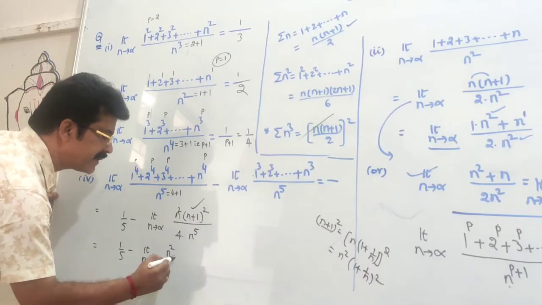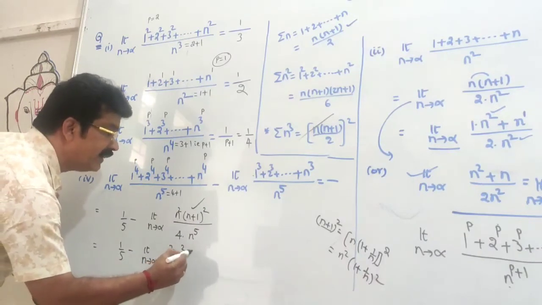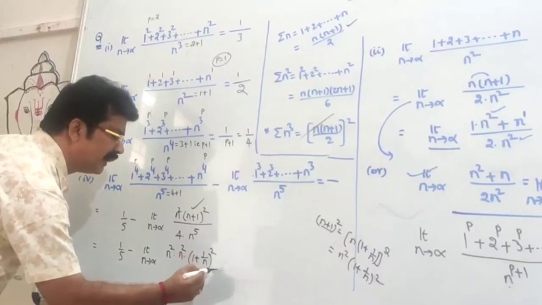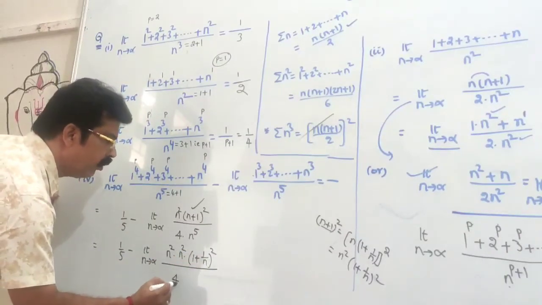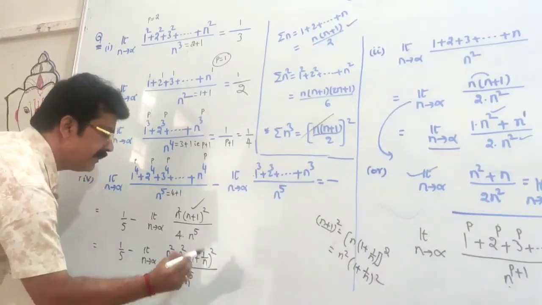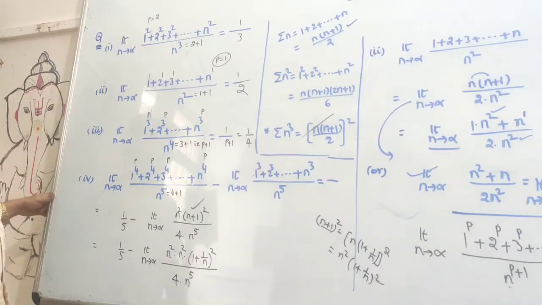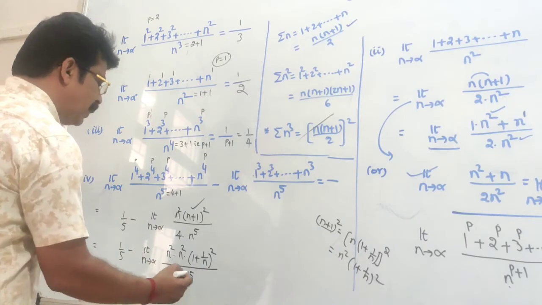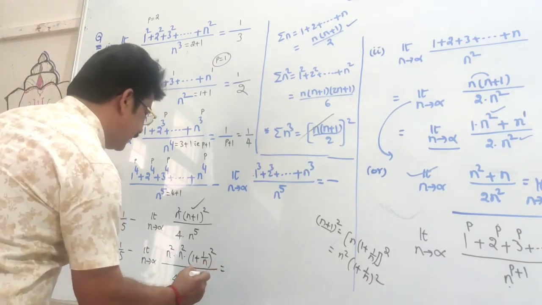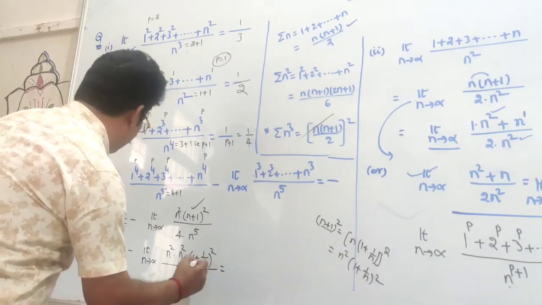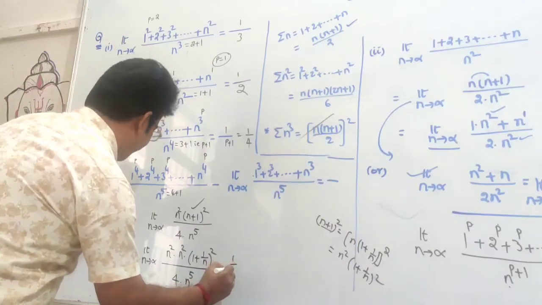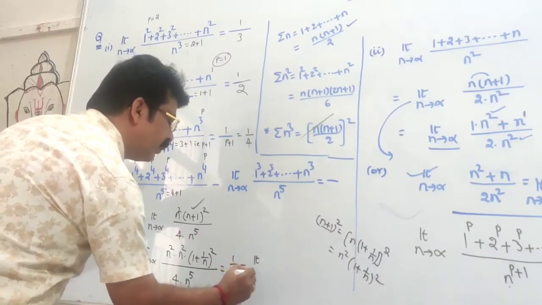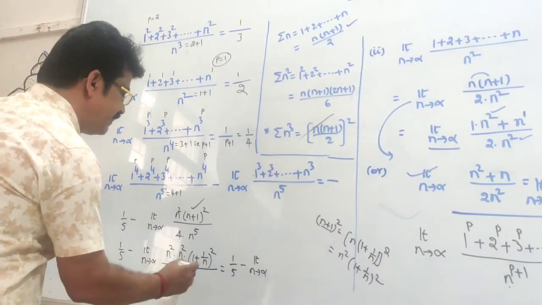This bracket can be expressed as n square into 1 plus 1 by n whole square divided by 4 into n to the power of 5. So that is equal to 1 by 5 minus limit n tends to infinity, 4 times cancel.